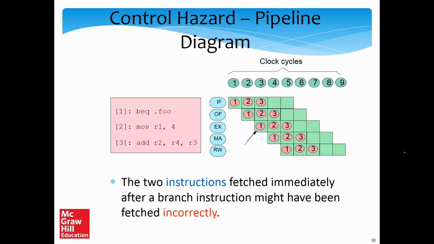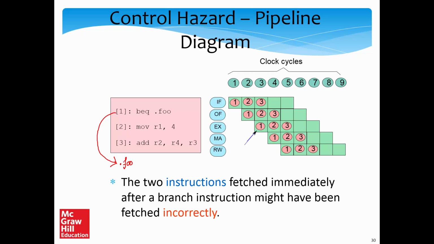Alright, so what we get to see over here is that we have 3 instructions. The first instruction is a conditional branch, and after that we have 2 more instructions. If the first instruction's condition is true, then we will jump to the .foo label.